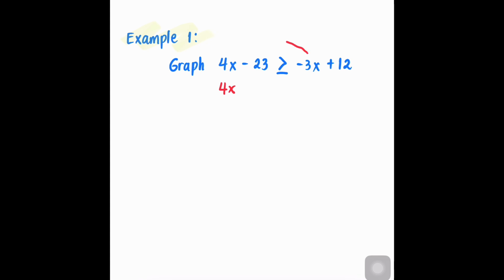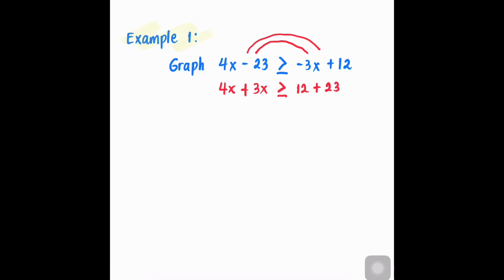Negative 3x jumps over to the left-hand side, so from negative, it will become positive. Copy the inequality symbol. 12 is already on the right, so just copy it. However, negative 23 needs to jump over to the right-hand side, so from negative 23, it will become positive 23.